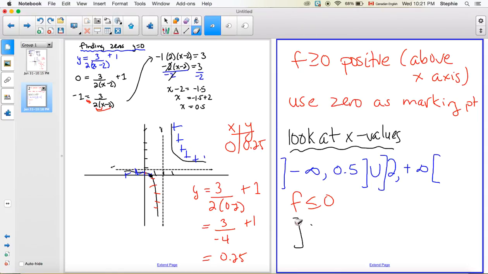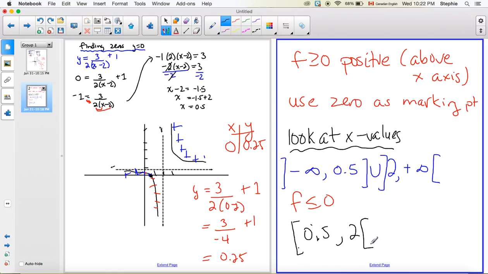Let me just erase this one quickly. Okay, so you include the 0.5 all the way to 2, because it stops right here. You cannot go past the 2, and you don't include the asymptote. So that's for when is it positive and when is it negative.